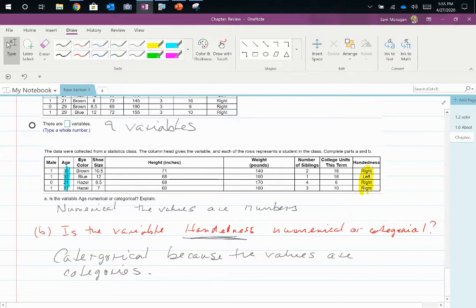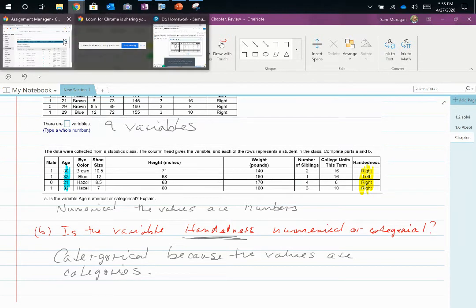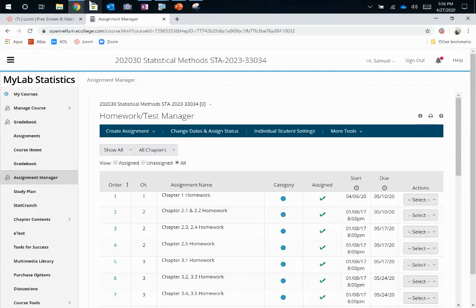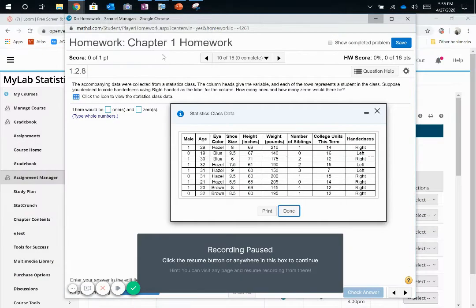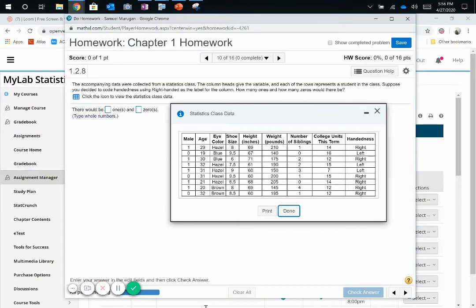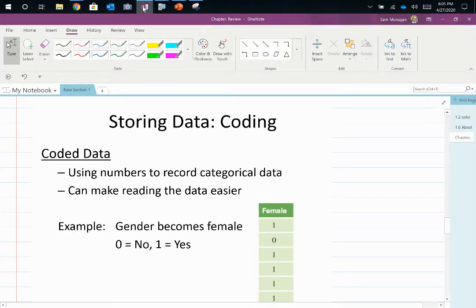So now we can continue our discussion. Pause this for a second. So next we're going to talk about storing data or coding data.